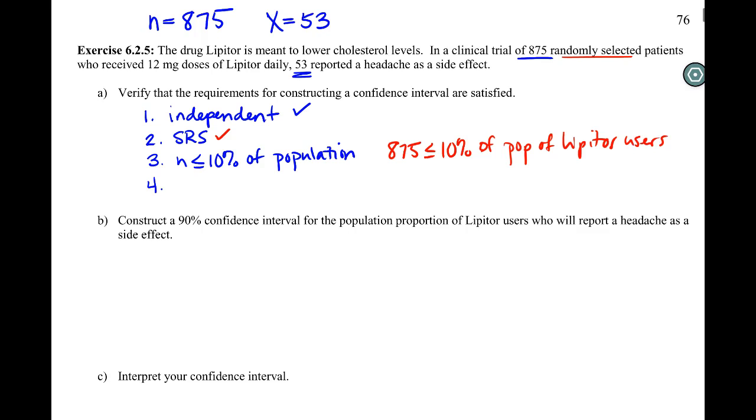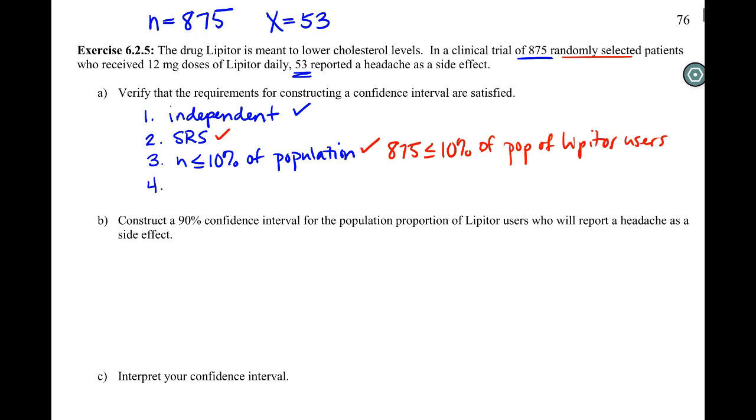This is one of those things where without the actual number of Lipitor users, we kind of get to just check this off like we did the first 2 requirements. There's nothing here to tell me that there's less than 8,750 people using Lipitor. And in fact, it's probably higher than that, so we're okay. But if this is going to be violated, we usually will be given or we'll know the population size.